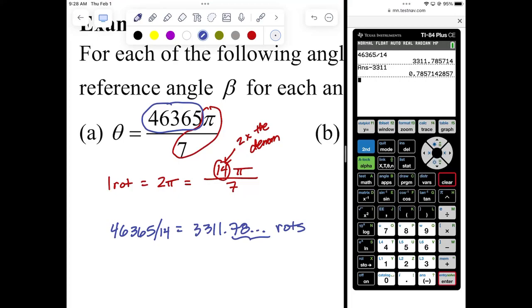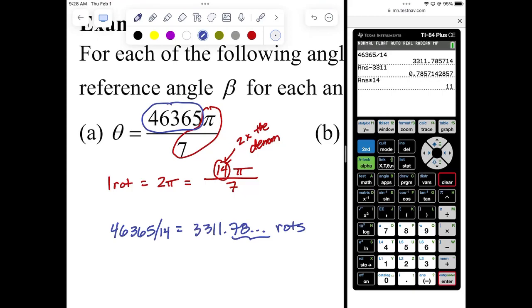We want to use the calculator's stored values. So we just get rid of the whole number by subtracting, and we get this. And then I remultiply by guess what number? 14. So when you do it with radians, you're always going to be dividing by a different number. It's not always 360. It will always be twice the denominator. You get rid of the whole numbers, and then you remultiply by the exact same number you divided by.